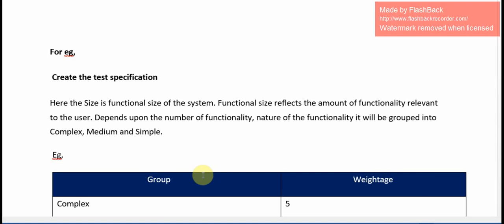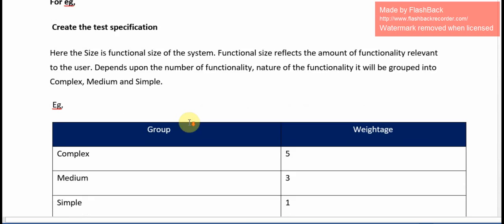For example, here I am going to take the task to estimate the size, duration, cost for the create the test specification task. Here the size is the functional size. Here functional size reflects the amount of functionality relevant to the user. Depending upon the number of functionalities and nature of the functionality, it will be grouped into complex, medium and simple.